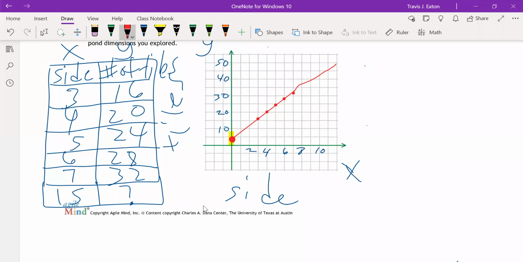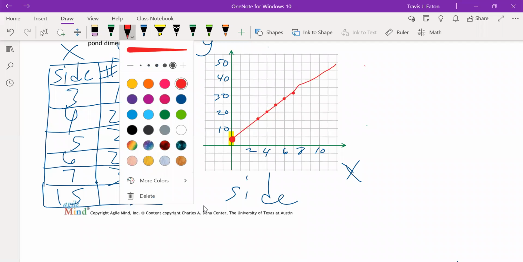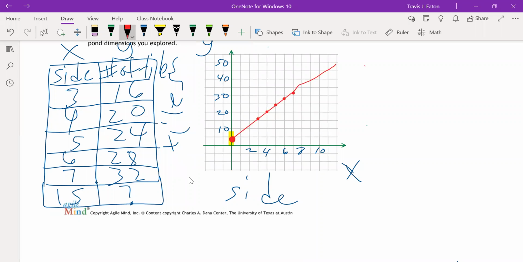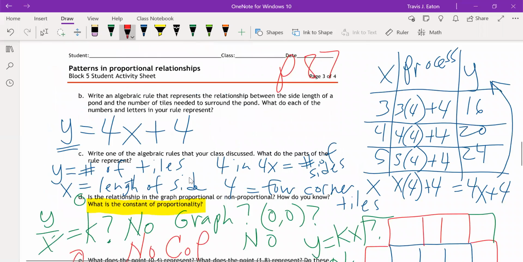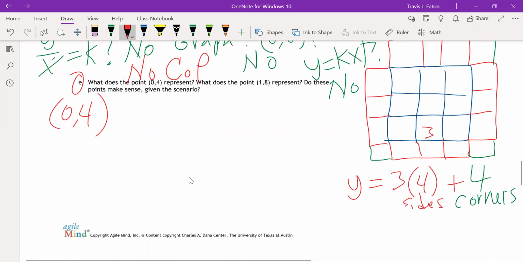So what does that point mean? Well, the 0 would be a side length of 0. And if it has a side length of 0, then it would have 4 tiles to surround it. Interesting, right? So 0, 4 means that it would have no side lengths, so basically just a dot.